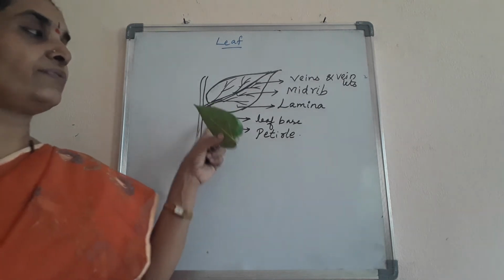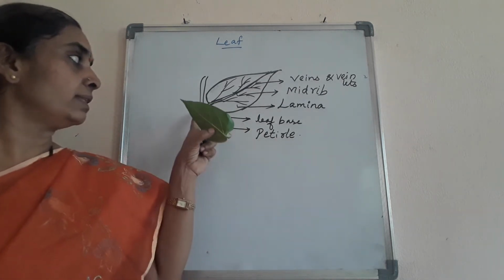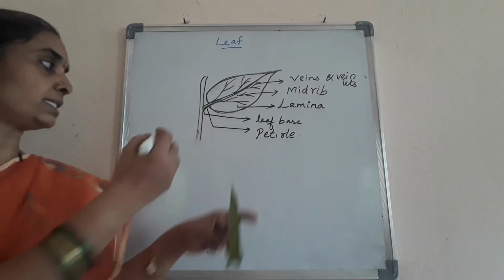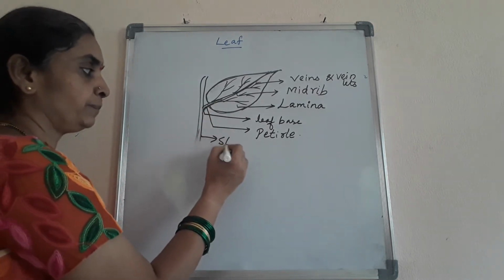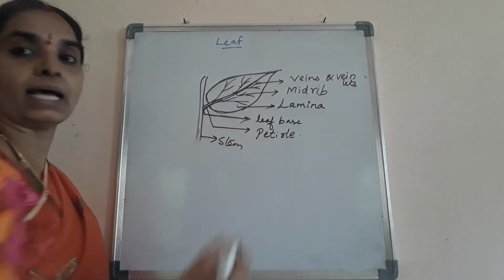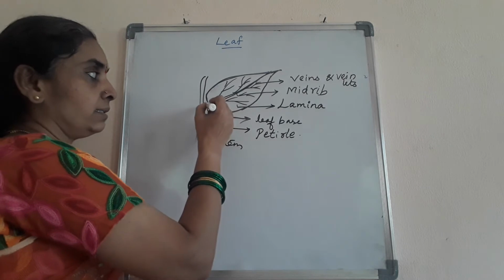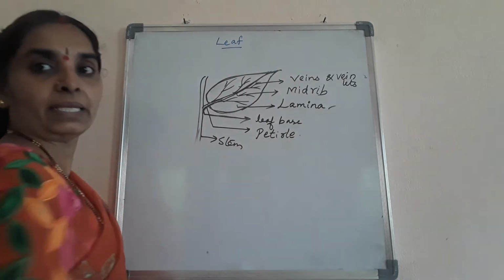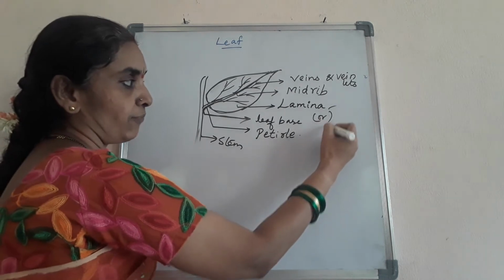The stalk of the leaf is called petiole. The base of the part of the leaf where it attaches to the stem, so this is the stem, and the part of the leaf where it attaches to the stem is called the leaf base. And the expanded portion of the leaf is called lamina, or it's also called leaf blade.